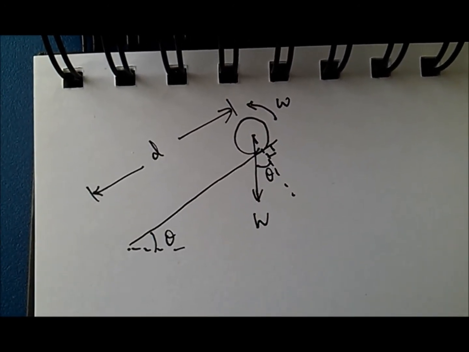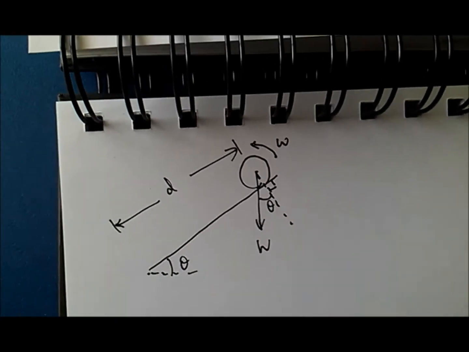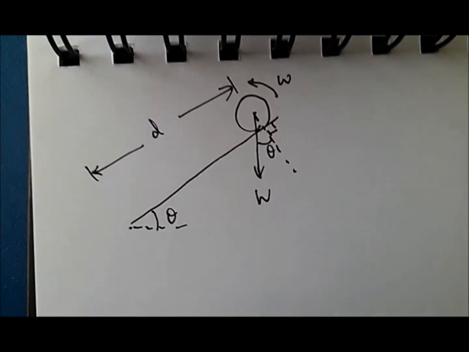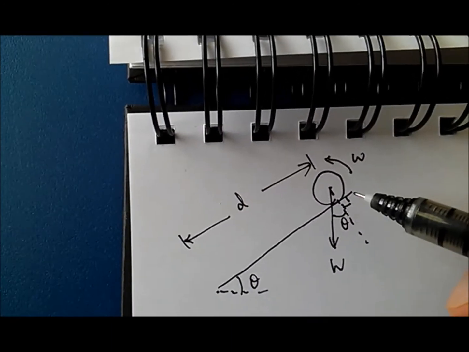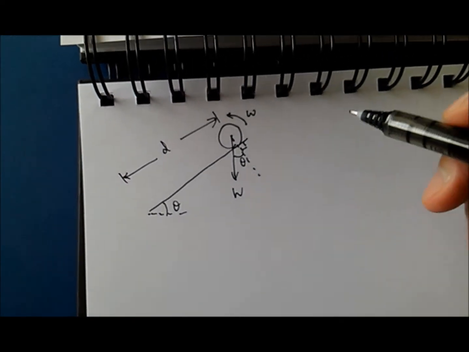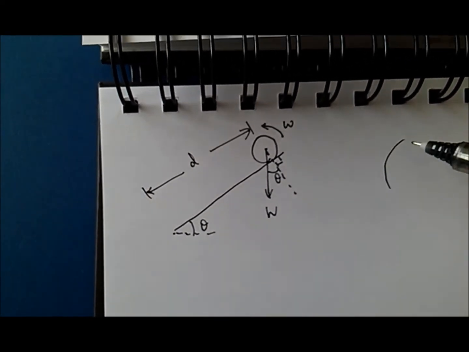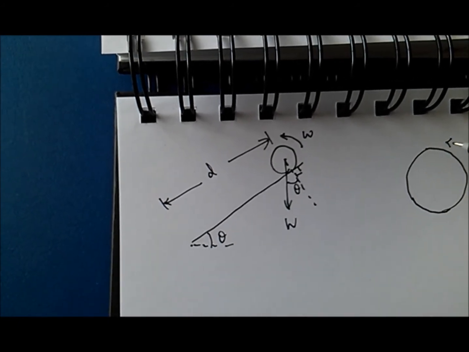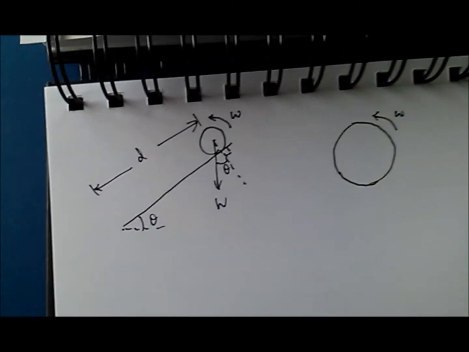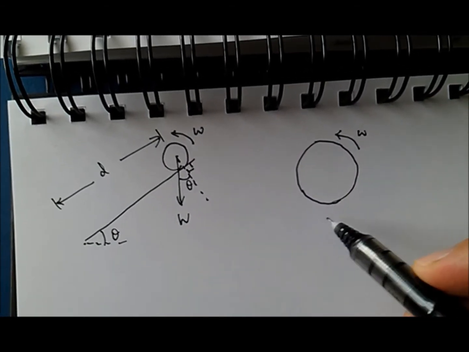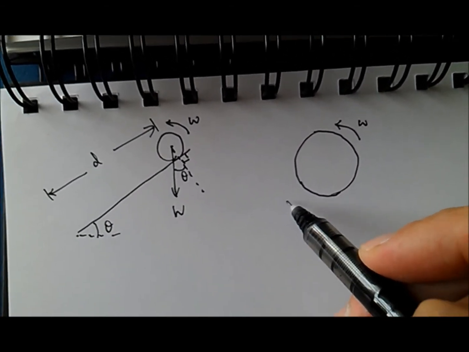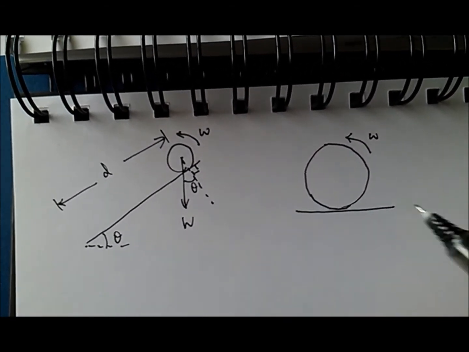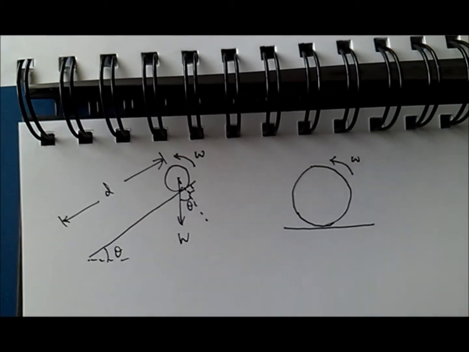Okay, now we consider the rolling motion of the ball, right? So let's zoom in to the ball itself and see it close up. Right, the ball is rolling. Let's say, to keep things simple, let's consider that the ball is rolling on a flat surface.